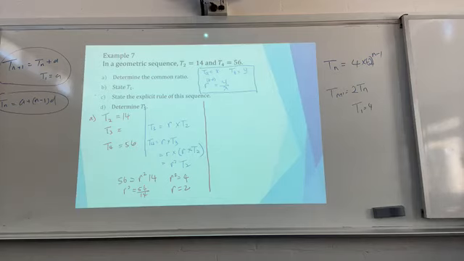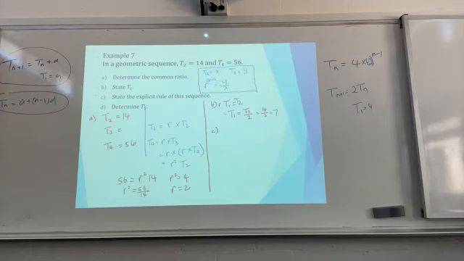Now, therefore, for part B, you can work out what T1 is. R times T1 equals T2, and therefore T1 equals T2 divided by R, which is 14 divided by 2, which is 7. Now you can state the explicit rule.